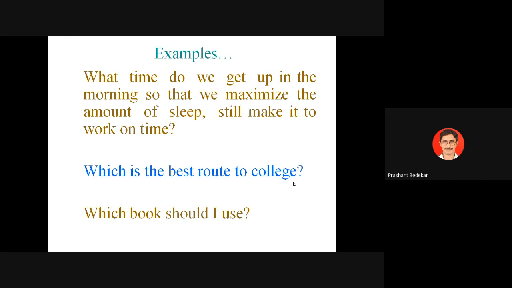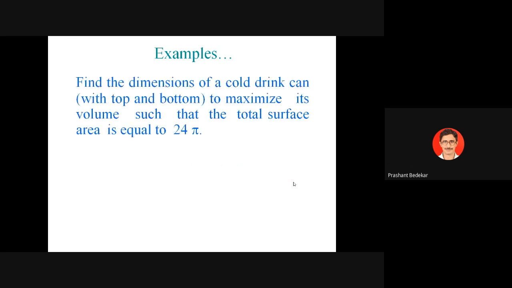Let's see some technical examples. Find the dimensions of a cylindrical cold drink can, with top and bottom, to maximize its volume, given that the total surface area is equal to 24 pi. What does it mean? It means the material made available is fixed.